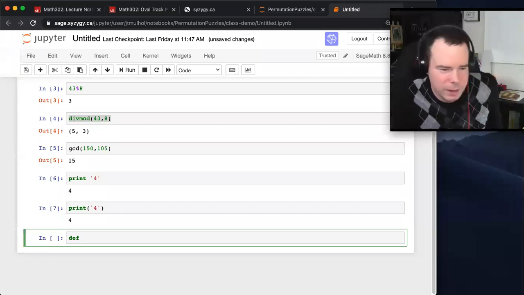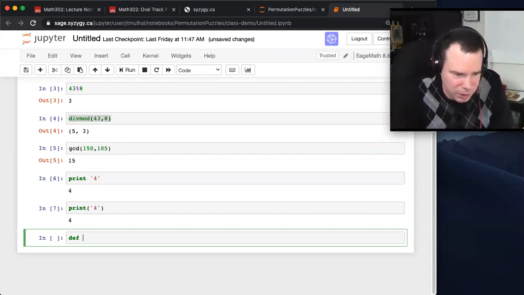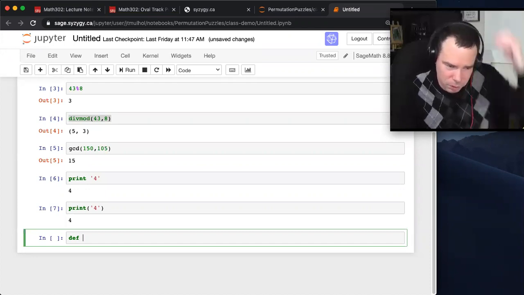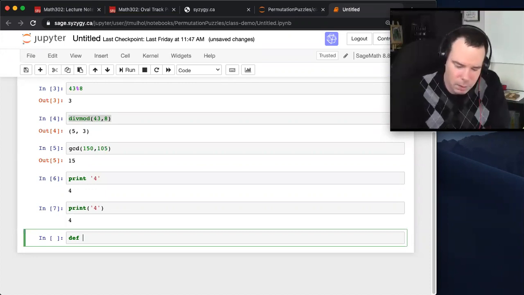But for right now, I'm just going to give a demo by just doing it. No, the Euclidean algorithm is the one that's used, and I'll show you why. So here's the definition, and we'll call it the GCD.